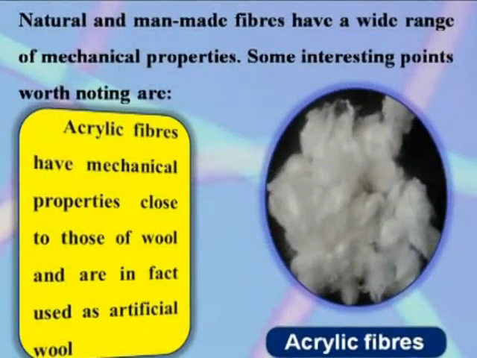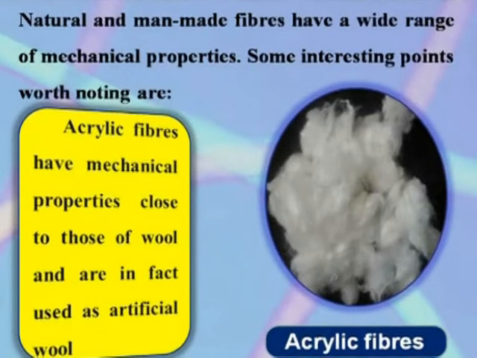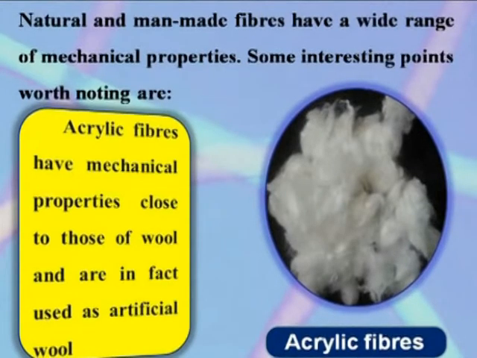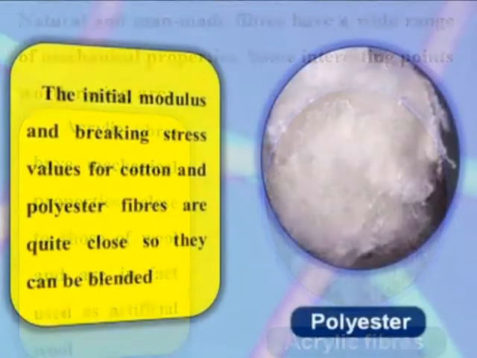Natural and man-made fibers have a wide range of mechanical properties. Some interesting points are: acrylic fibers have mechanical properties close to those of wool and are in fact used as artificial wool.